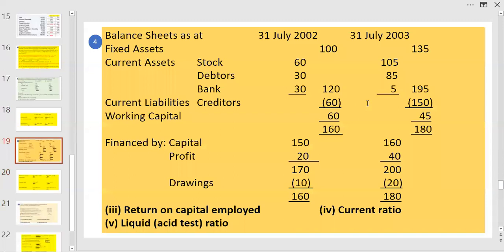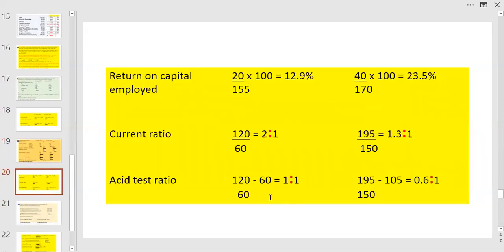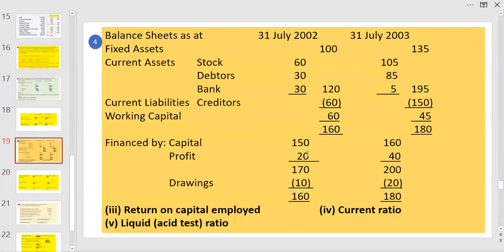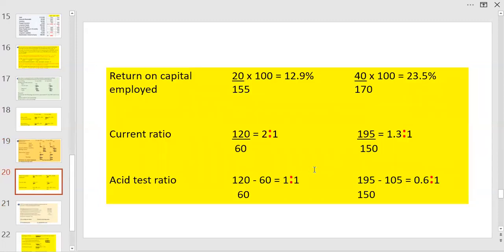Current ratio is between current assets and current liability, that is 120:60. Therefore, the answer is 2:1 for the first period, 1.3:1 for the subsequent period. Acid test ratio, current assets minus inventory, which is 60:60, 1:1. For the next period, 195 minus 105, giving a 90 balance, which is 0.6:1.